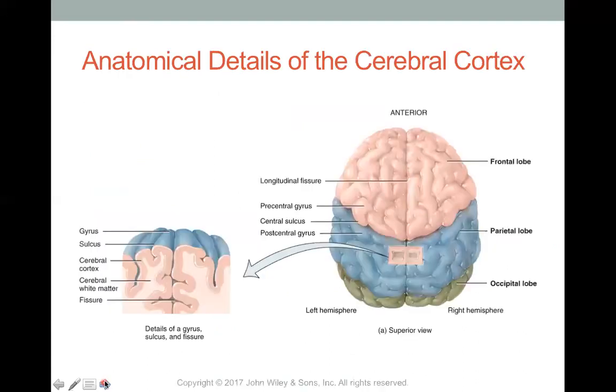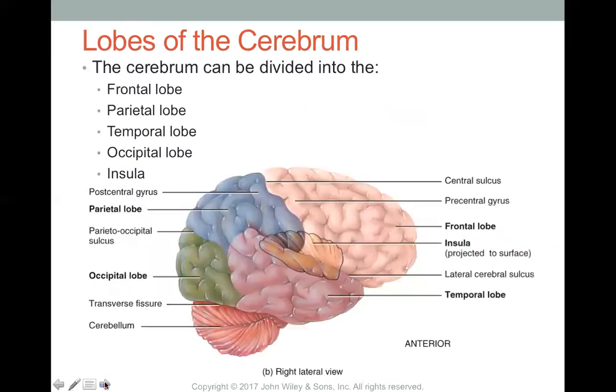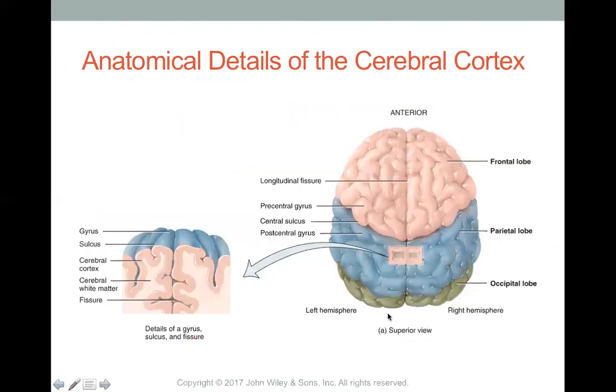So let's look at that. So here's that longitudinal fissure going all the way down, and then we'll have the corpus callosum transversing across to allow them to connect.